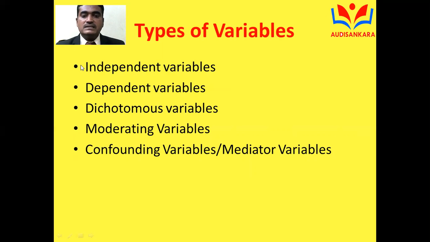And when you go for moderating variables and mediating variables, these are used to assess the interaction effect among the variables. Suppose HRD practices give rise to employee job performance. As HRD practices are more effective, employee job performance is also more effective. But the moderating variable, employee job satisfaction.